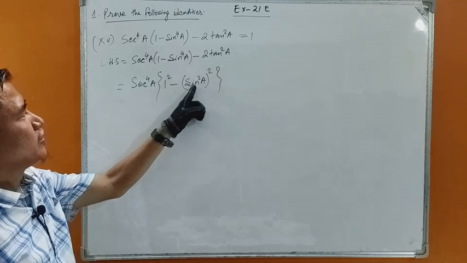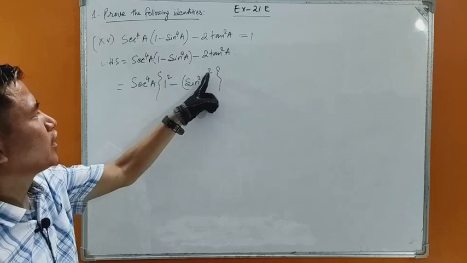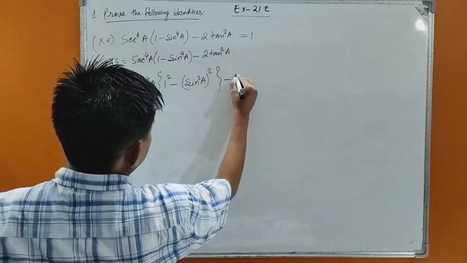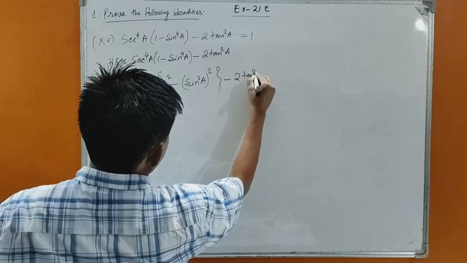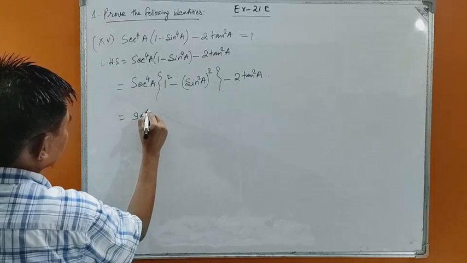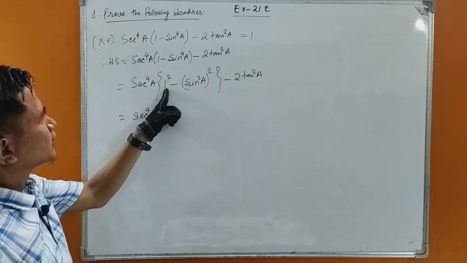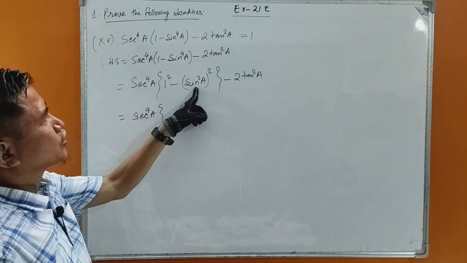2 2s are 4. Sine to the power 4a can be written as sine square a whole square minus 2 tan square a. Now we have sec to the power 4a into, this one is considered as a and the sine square a as b.